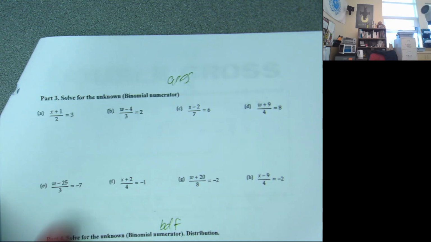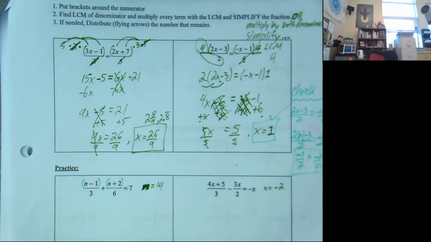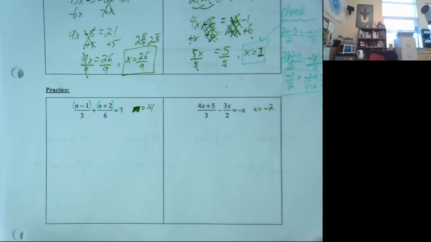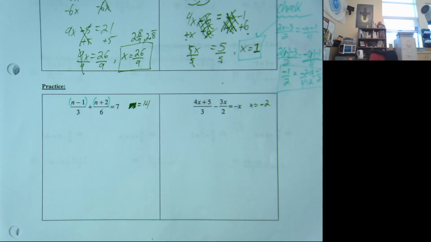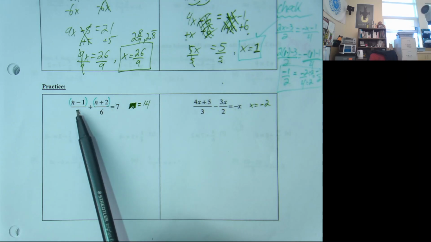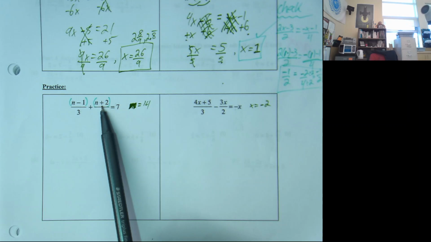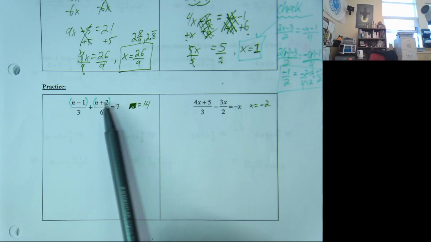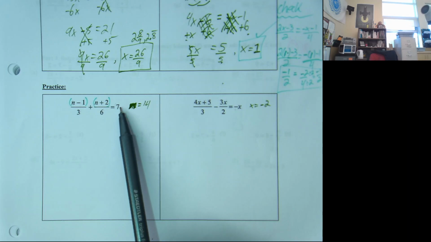The biggest issues I'm seeing, before you guys leave and work, I want to bring your attention to a few things. The biggest thing I'm seeing comes when you guys are not showing all the work you could. When you're multiplying this piece and this piece, almost half of you forgot to multiply the 7 as well.